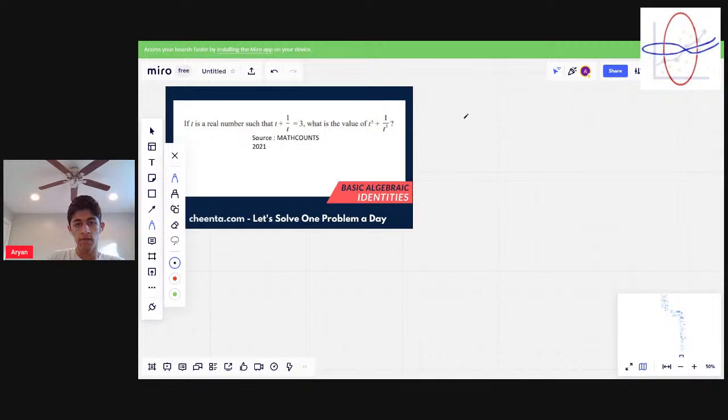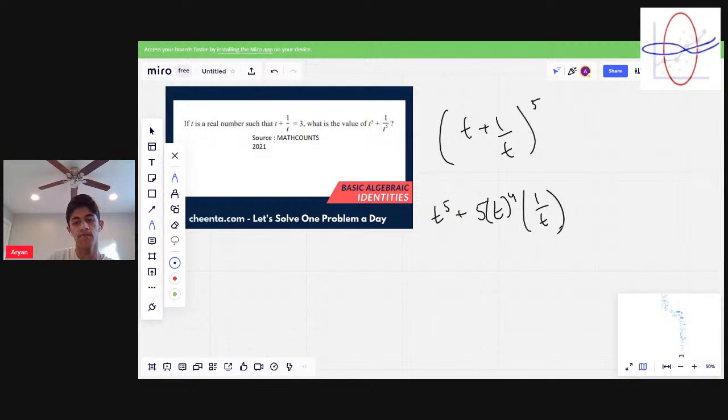Let's think about a similar problem we did a couple days ago, where if I take t plus 1 over t and raise this to the fifth, let's see what we get. First we have a t to the fifth term. Then you have 5 times t to the fourth times 1 over t. Then you have 10t cubed times 1 over t squared.